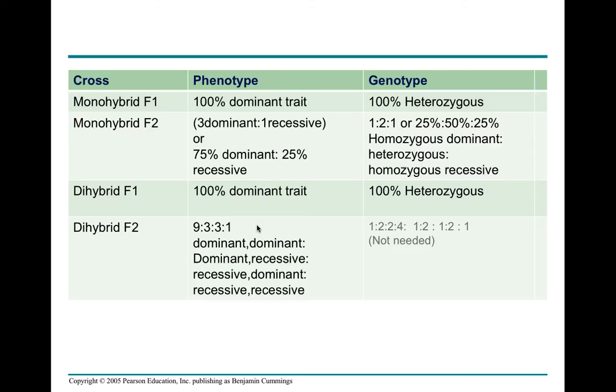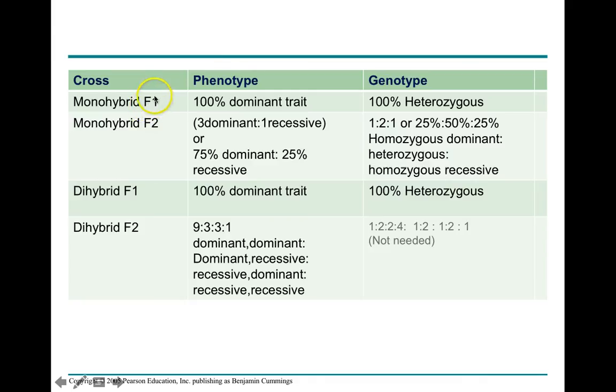If you start off with true breed for a character, one character in F1 generation, they will be 100% dominant. In case of purple and white, 100% of them were purple in F1 generation, remember? And they will be 100% heterozygous genotypic ratio.